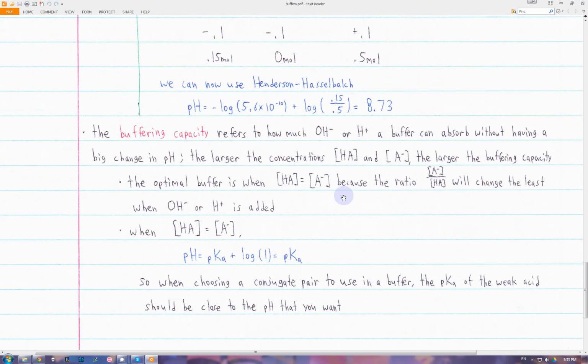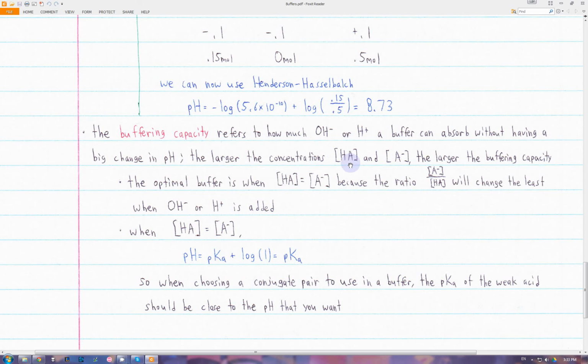So the last thing we're going to look at is buffering capacity, which is just how much hydroxide or H plus a buffer can absorb without having a large change in pH. So we already know that in order for a buffer to work, the concentrations or amounts of the acid and its conjugate need to be much larger than the amount of whatever we're adding, the hydroxide or the H plus.